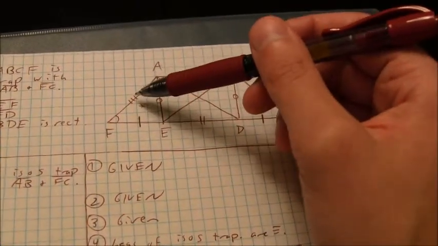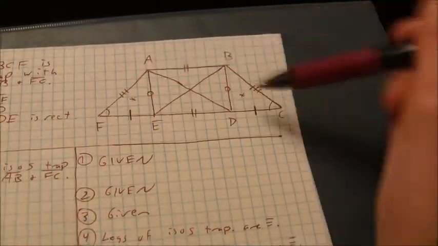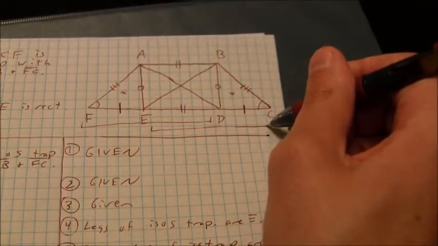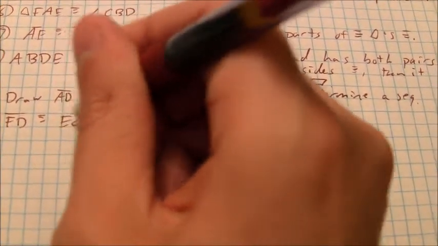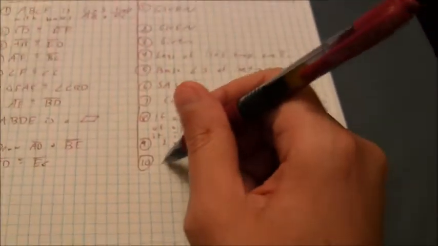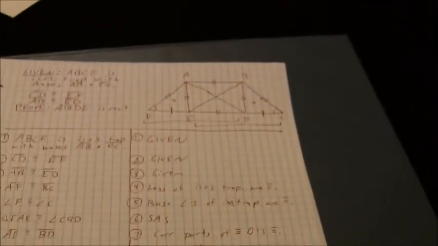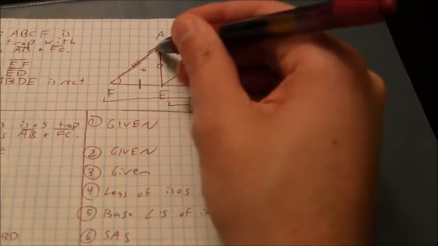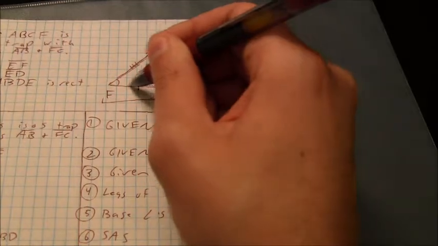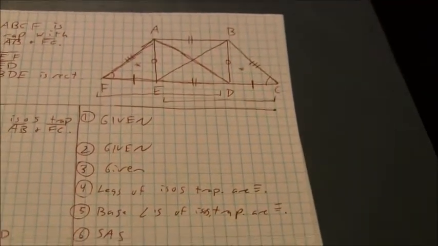And to prove these congruent, I've already got a pair of sides for the two triangles, and I have an angle for the two triangles. I just need to prove that this side is congruent to that side, and that's just an addition property. So FD is congruent to EC by the addition property. I add congruent segments to congruent segments, they're congruent. And what this is going to allow me to do now is to prove those overlapping triangles congruent.